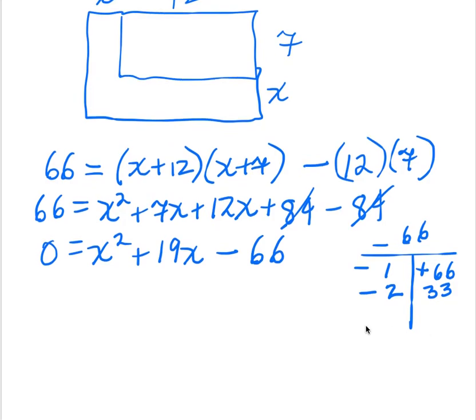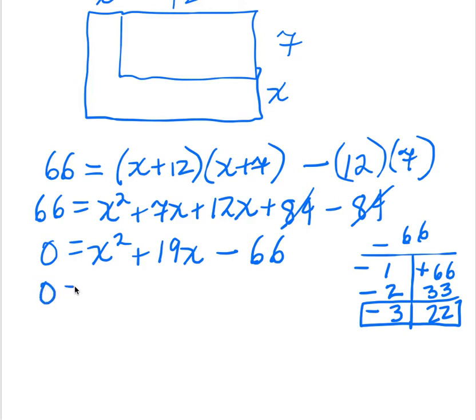Let me see, 66 divided by, what else is in there? Okay, yeah, 3. I didn't think about that. 66 divided by 3. So I could do negative 3 and 22. Okay, here it is. That's my combination right here.